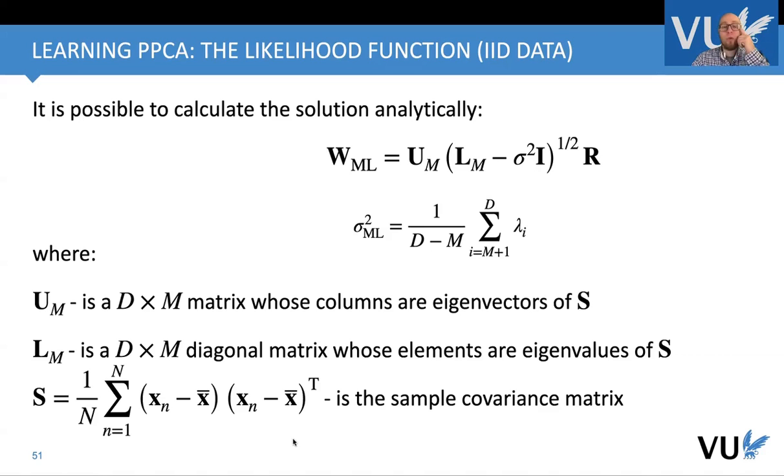And then we need to calculate the eigen decomposition of this sample covariance matrix, to obtain a matrix with eigenvectors and a diagonal matrix whose elements are eigenvalues of this sample covariance matrix. And these matrices U and L should resemble the principal component analysis.